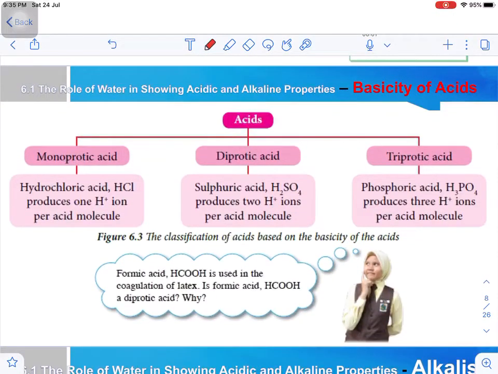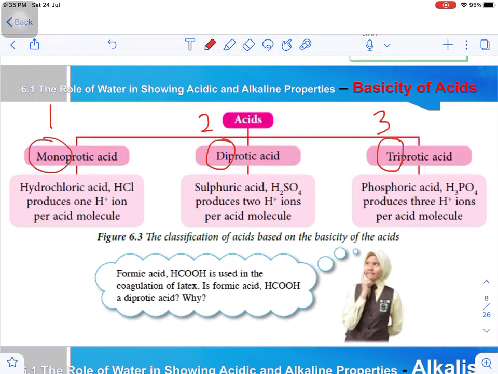Okay, next. Basicity of acid. Okay, acid classified into three basicity. Okay, the first one is monoprotic acid. Mono means one. And then we have diprotic acid, which is 2. And then triprotic acid, which means 3.